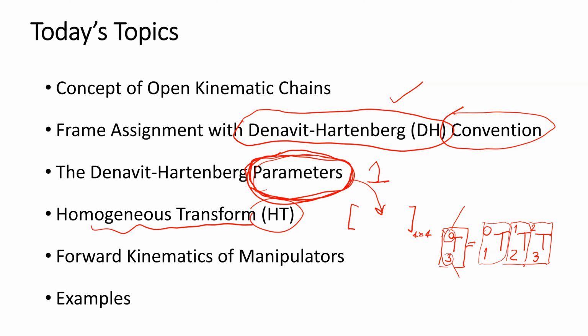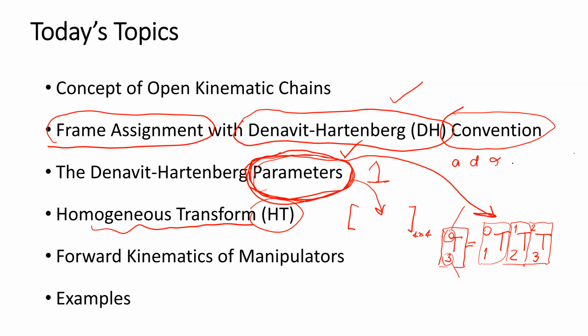And by attaching the frame to the link, we can obtain the parameters. The parameters will be the link length, link offset, link twist, and the joint angle.